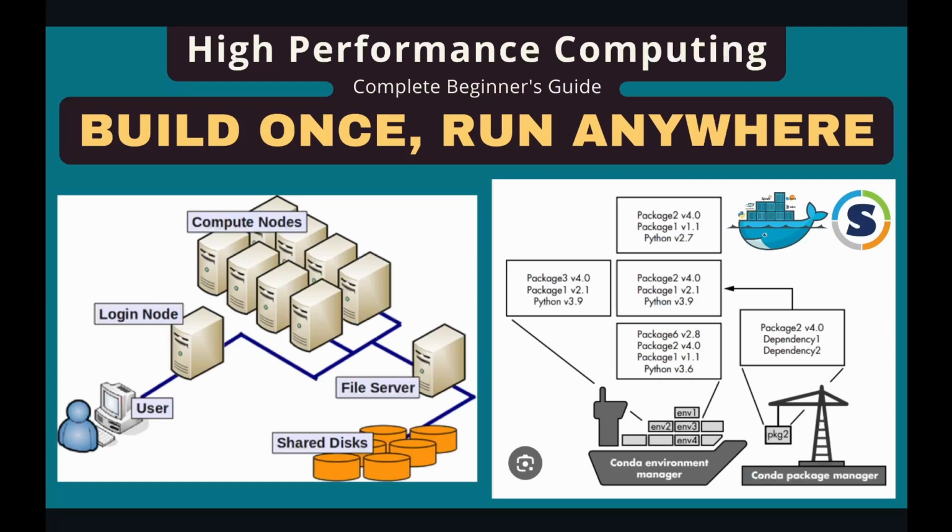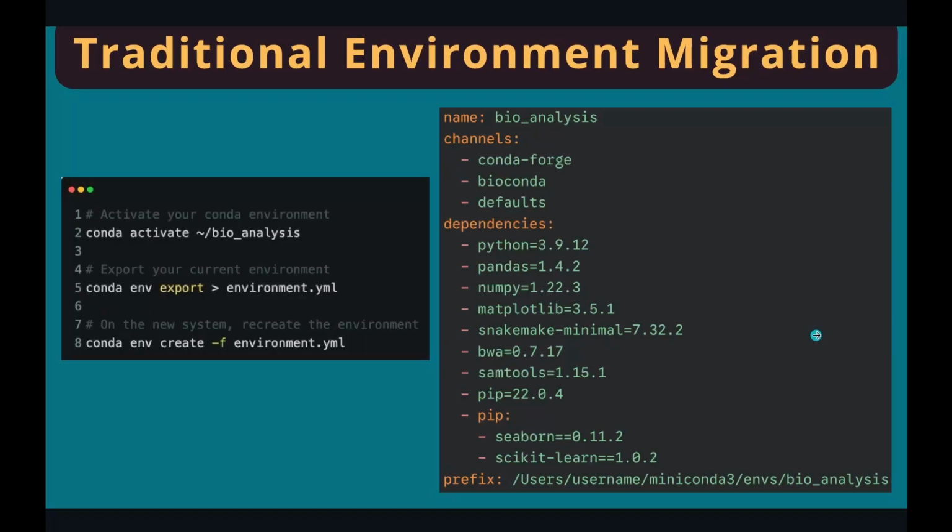The traditional method for environment migration is to create a YAML file for your current Conda environment, which contains all the information of the tools and the dependencies you installed with Conda or pip, and then recreate this Conda environment with the YAML file on the new system.